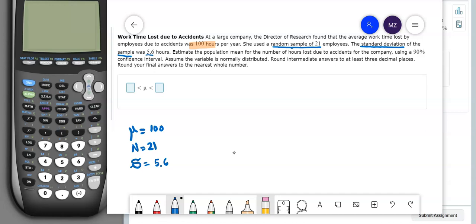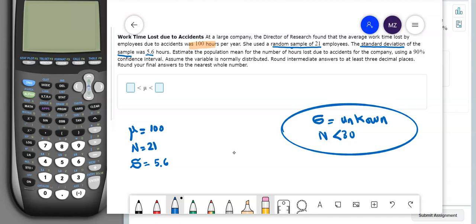All right, so this is again the s. Now, from these two pieces of information, I know that the sigma is unknown, and I know the n is less than 30. If these two conditions are verified, you are using the t table. I hope it's clear, right?